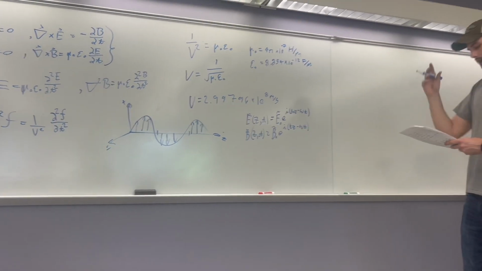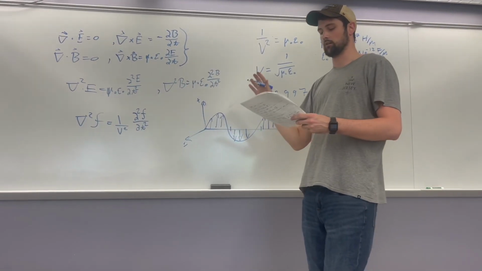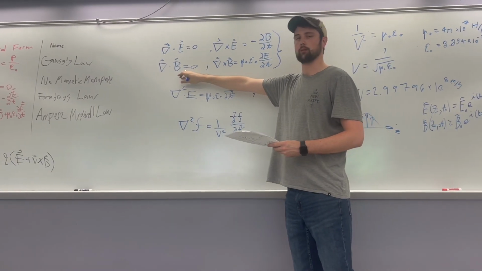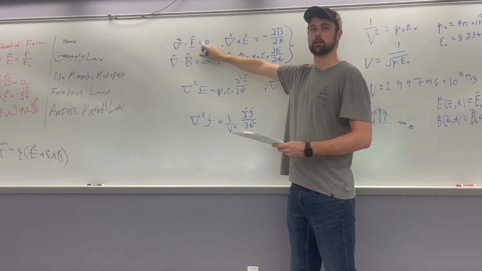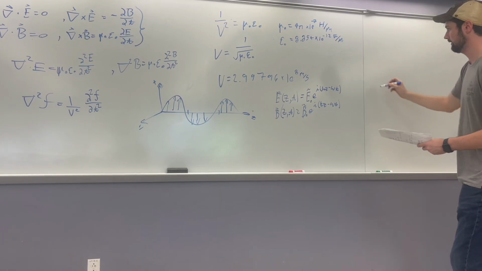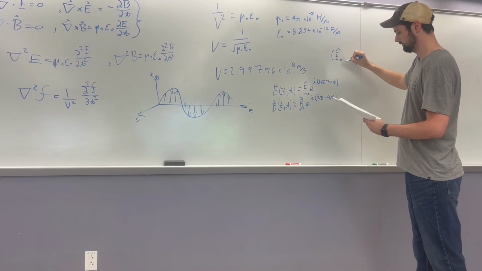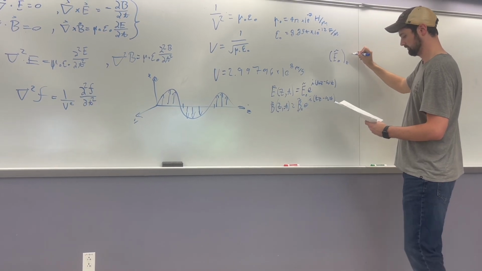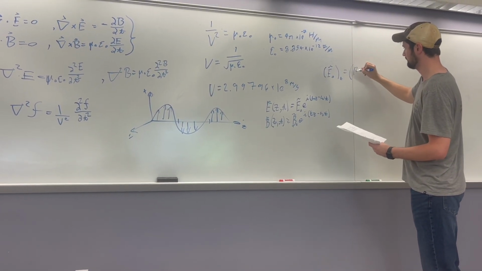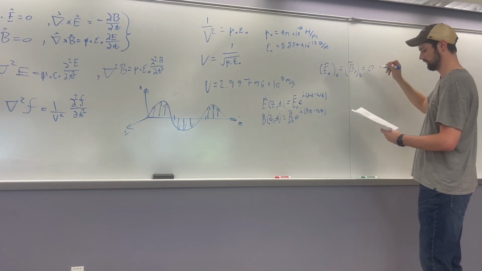Well, because there is no magnetic monopole, and in this situation no electric monopole, we can say that E naught sub z is equal to B naught sub z, which is equal to 0.